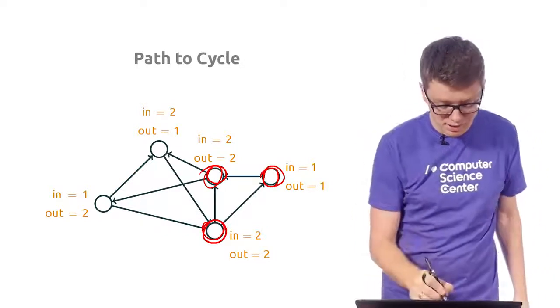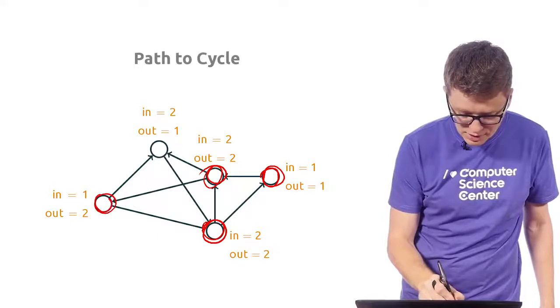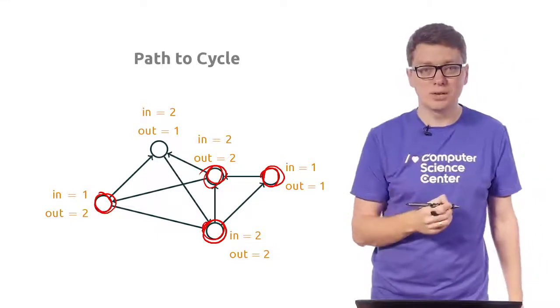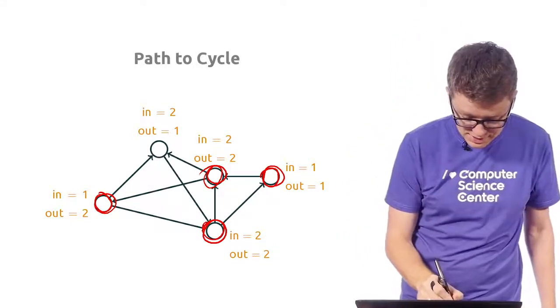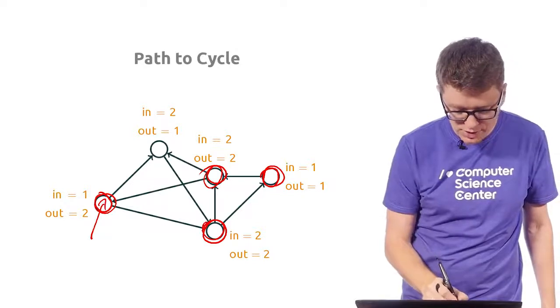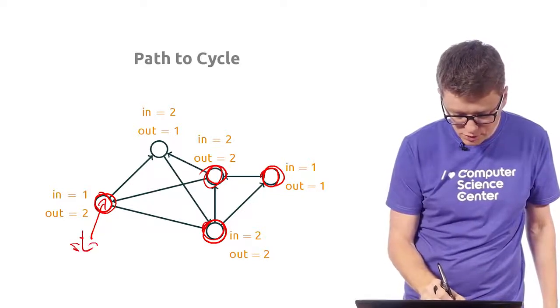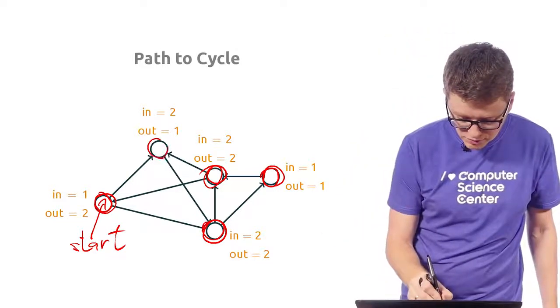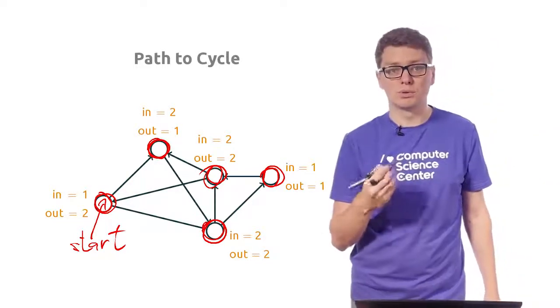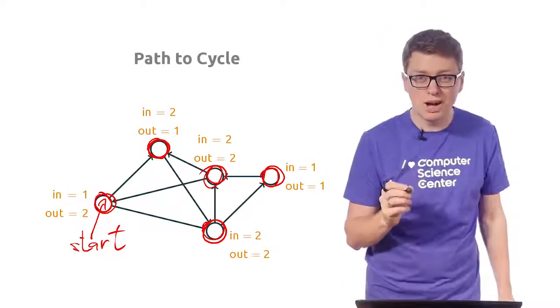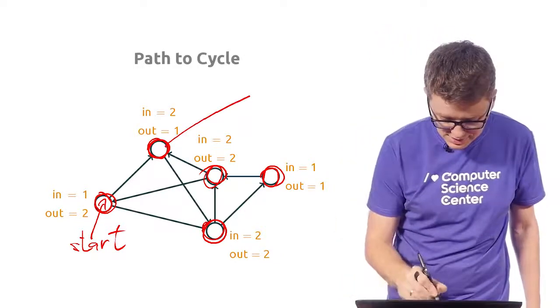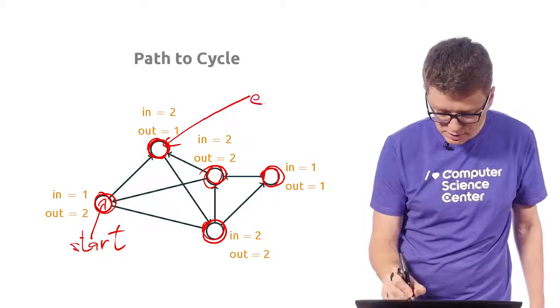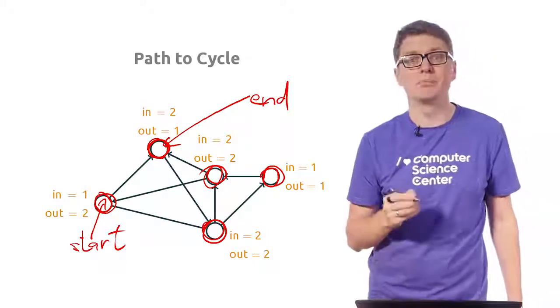On the other hand, for this vertex we have in degree equal to 1 and out degree equal to 2, which means that this is the only vertex that can be a starting vertex of an Eulerian path. On the other hand, for this vertex, its in degree is equal to 2, but its out degree is equal to 1, which means that it is exactly the vertex that should be the last vertex of an Eulerian path.